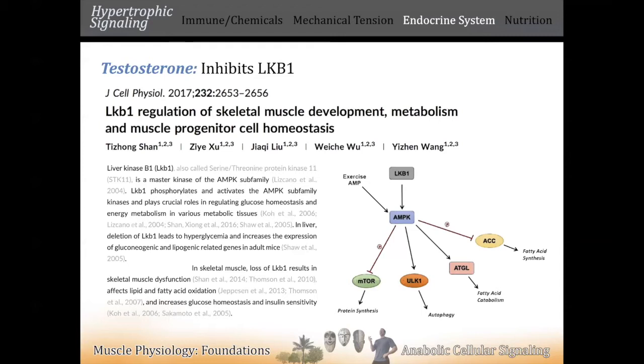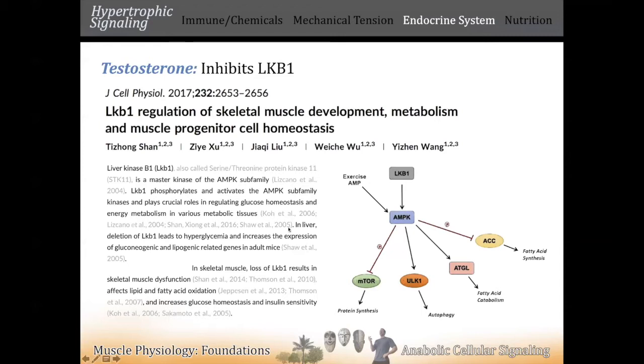AMPK is very catabolic, and the thing that activates it, yeah, exercise and AMP. You need to bind AMP to this thing so it can tell there's energy stress, and that permits activation by LKB1, liver kinase B1. Don't think of it as this little resident of your liver, right? This is all over the place.